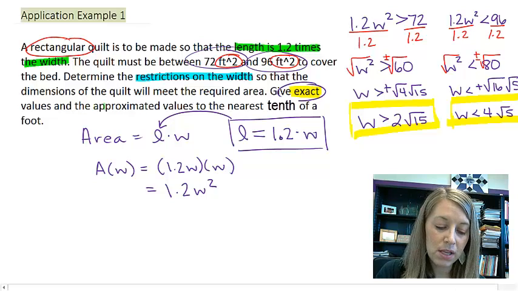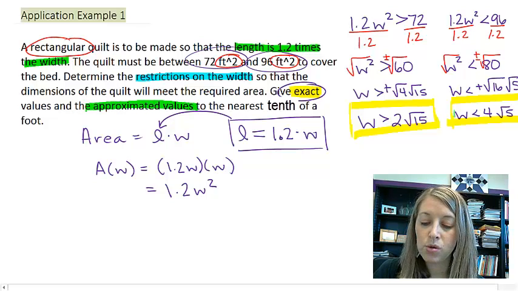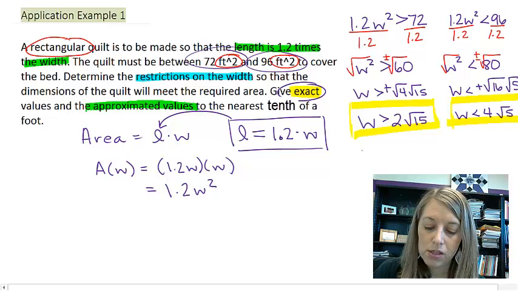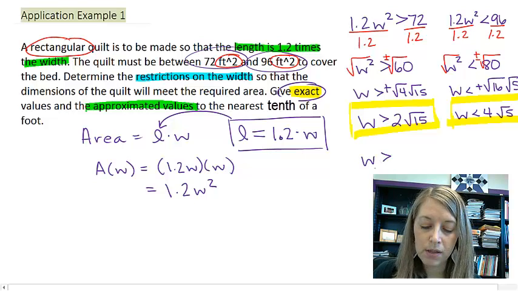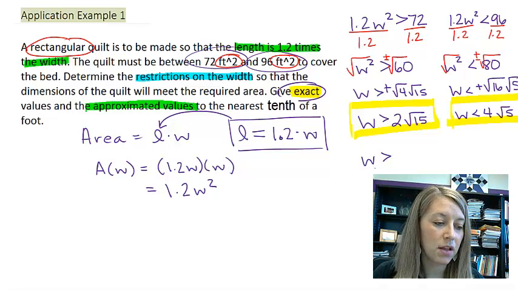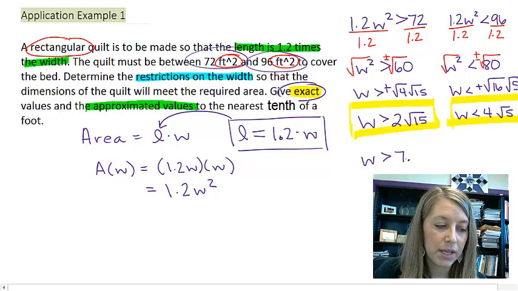Now, it also wants the approximated values, right? Because if you told these numbers to somebody, they probably would have no idea what they are. So let's figure out what they are approximately. So I know that my width approximately has to be greater than 2 times the square root of 15. Just typing that in my calculator, that gives me 7.74.